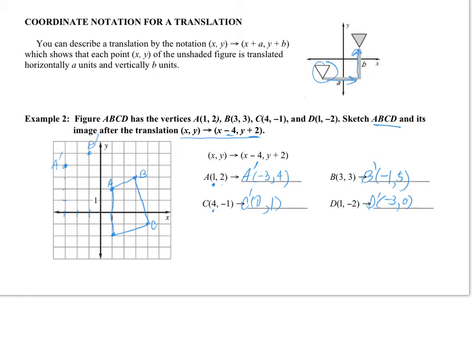And C prime, (0, 1). And D prime, (-3, 0). And let's connect the vertices, and then we're done. This is the image, and this would be the pre-image.